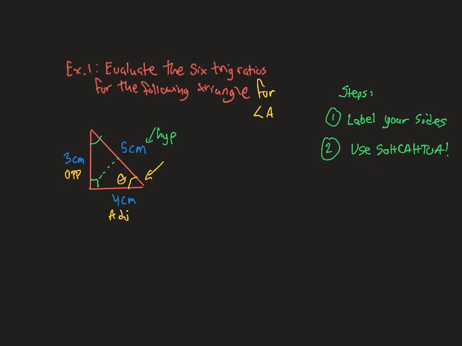I'm not going to do all of them here, but let's say you're talking about sine. So sine of theta, I know is opposite over hypotenuse, which I also know is, what's my opposite? 3. What's my hypotenuse? 5. Cosecant of theta is hypotenuse over opposite, which is the same thing as saying 5 over 3.